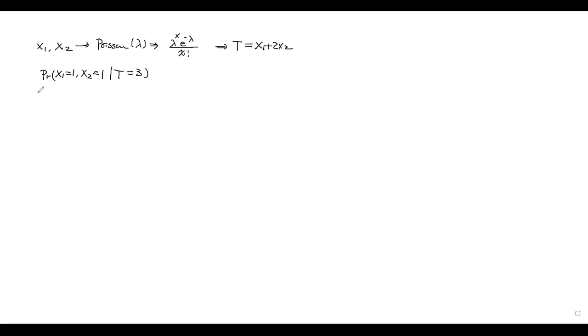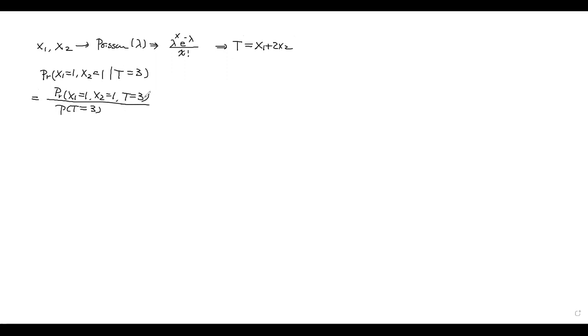Now let's apply the conditional probability. The denominator will be the probability T equal to 3, and the numerator will be the probability X1 equal to 1, X2 equal to 1, and T equal to 3.